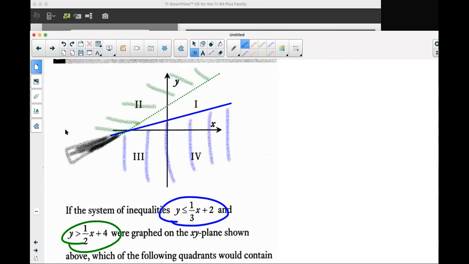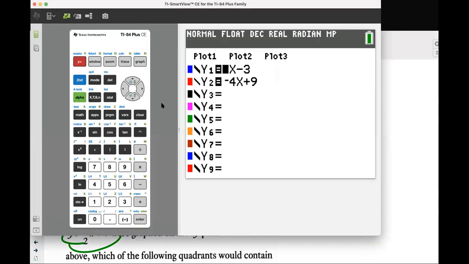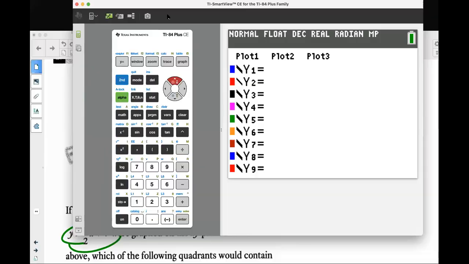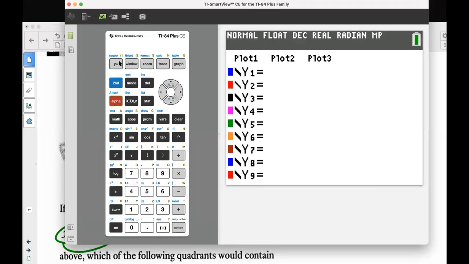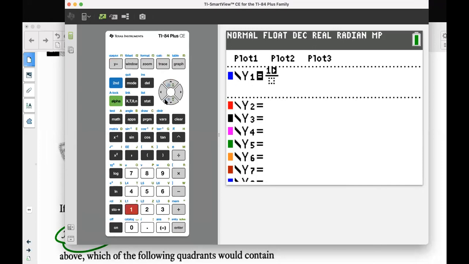And of course, you know that you can do this one using the calculator. How can you do it? Take out your calculator, y equals. First, write up the equation, which is 1/3 x plus 2. Alpha y equals, to give us a fraction, 1/3 x plus 2.